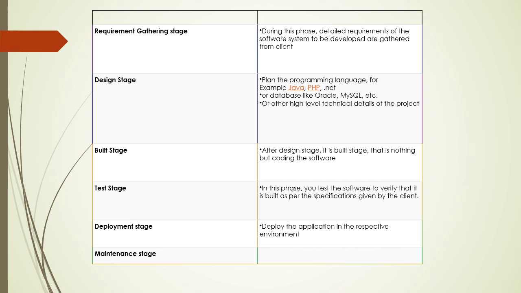The client is the person who is paying you to develop the software. The design stage is to plan which programming language you're going to use, for example Java, PHP, right? Or any other high level technical details of the project. Right, the technical details are security, etc.